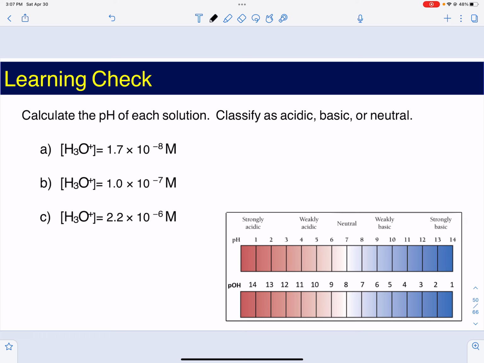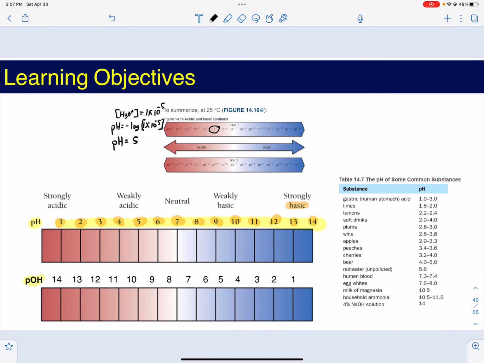So a problem like this, we're just going to calculate the pH, and then we're going to decide if it's acidic, basic, or neutral. Because based on this scale, 7 will be neutral. Anything below 7 for the pH is acidic. Anything above 7 for the pH is basic.